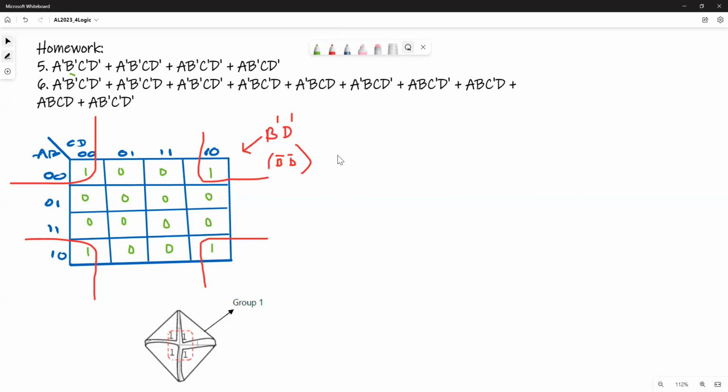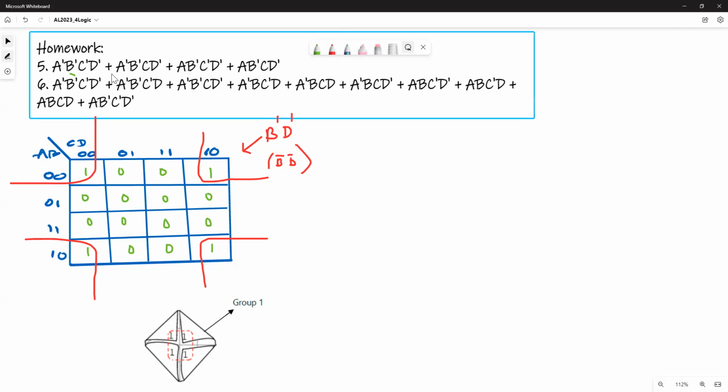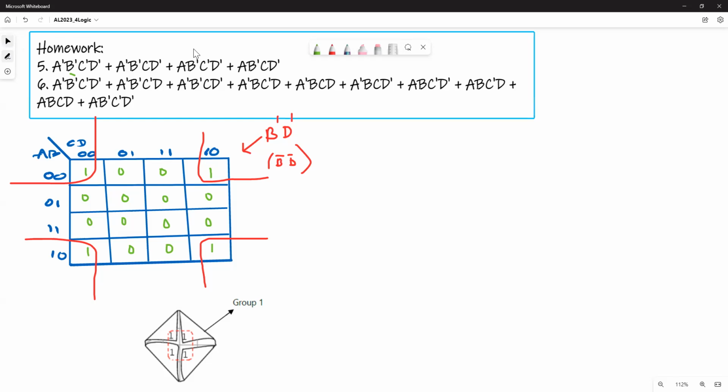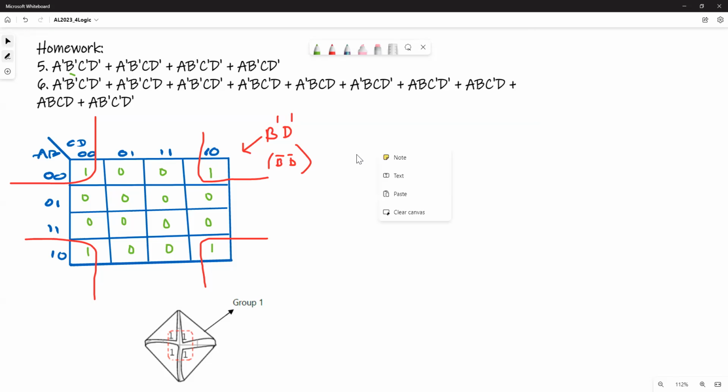Right now, I want you to simplify this using Boolean laws. Can you do that? Fifth question. Okay, simplify fifth one using Boolean laws.